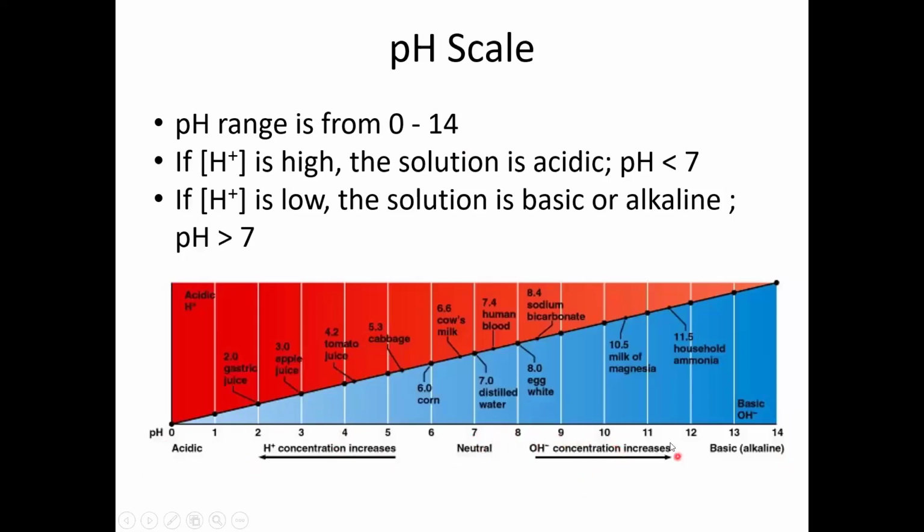We usually determine basicity with the help of hydroxide ion concentration. If more and more OH ions are present in the solution, the solution is more basic. Okay, so the pH scale is used to determine the acidity, strength of the acidity, and alkalinity of any solution.